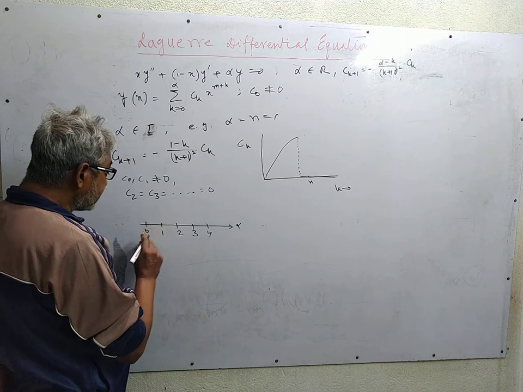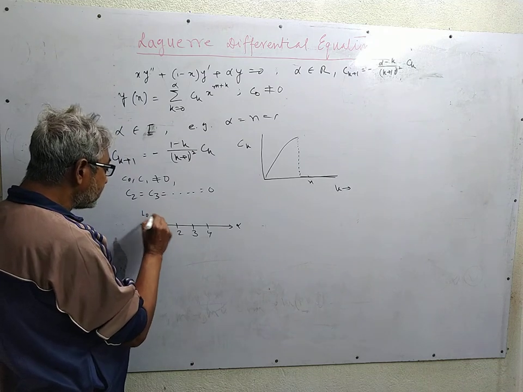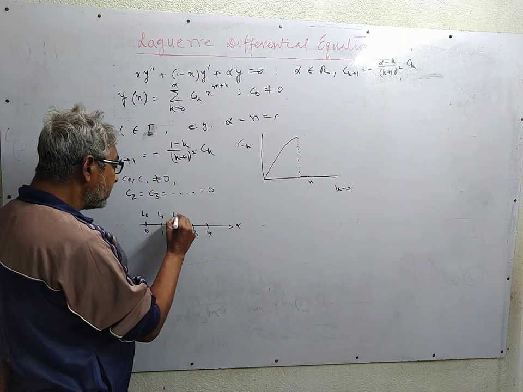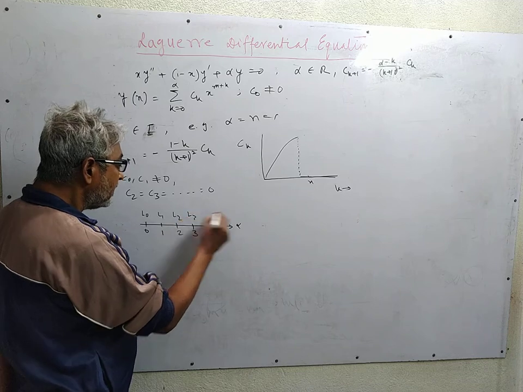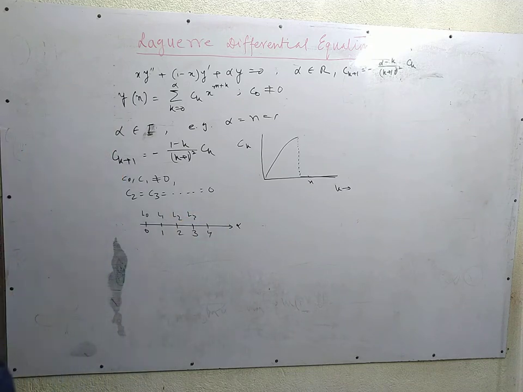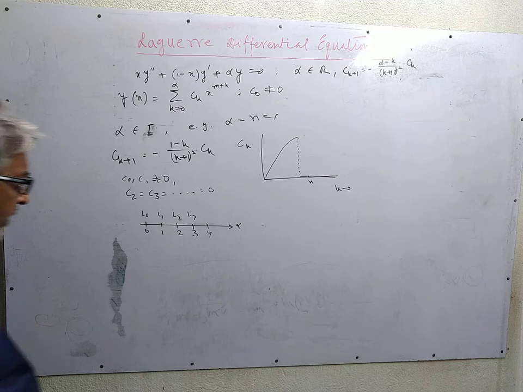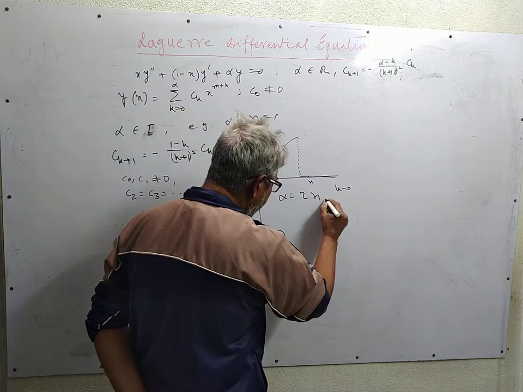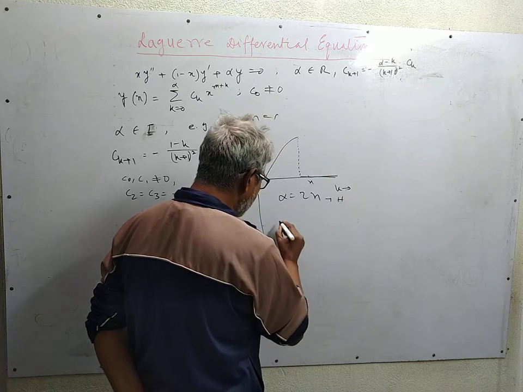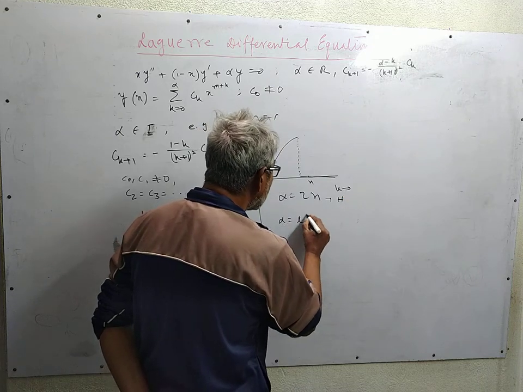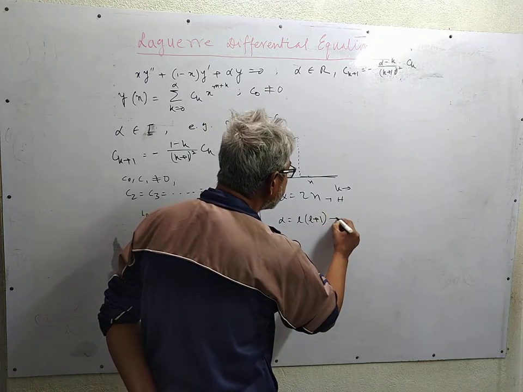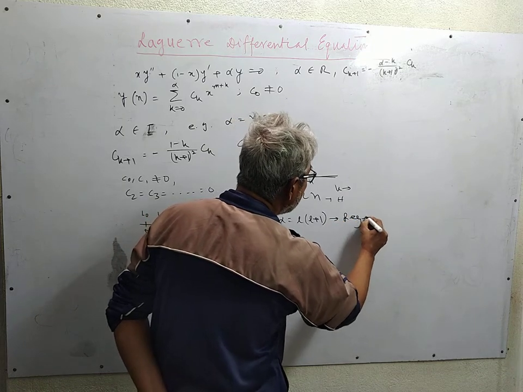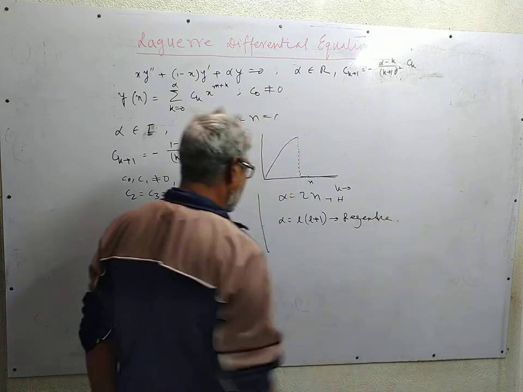Note that the corresponding solution is known as the Laguerre polynomial. Recall that in the case of the Hermite differential equation, we choose alpha to be 2n, and we choose alpha equal to L into L plus 1 in the case of the Laguerre differential equation.